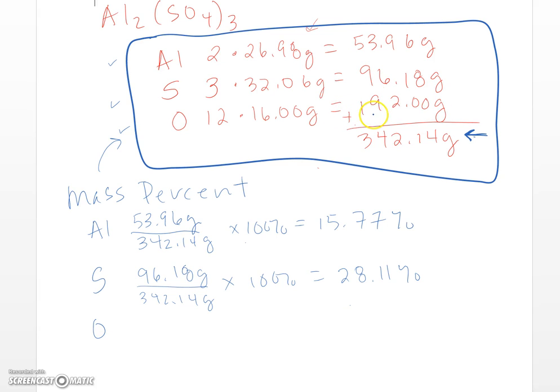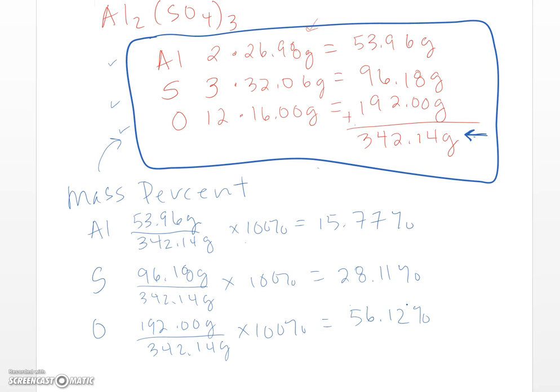And if I take 192, which is my total weight of oxygen, and I put that over the 342.14 grams times 100%, I find out that that is equal to 56.12%. And so now I know what each percentage of my compound is by mass.